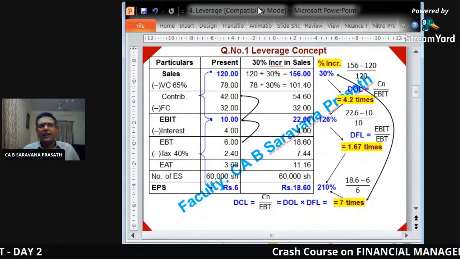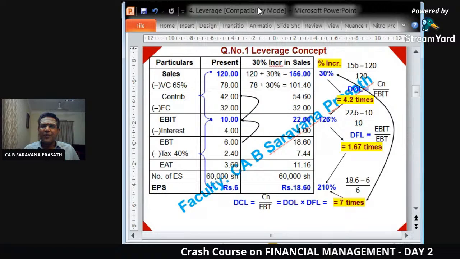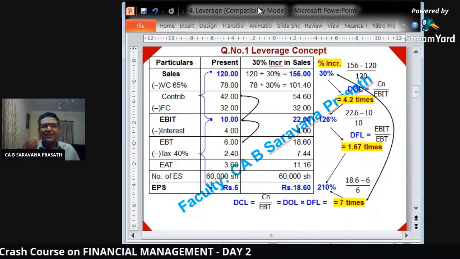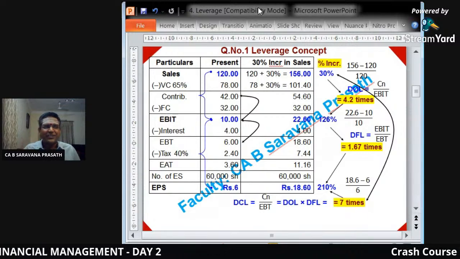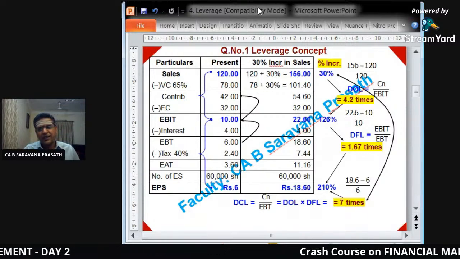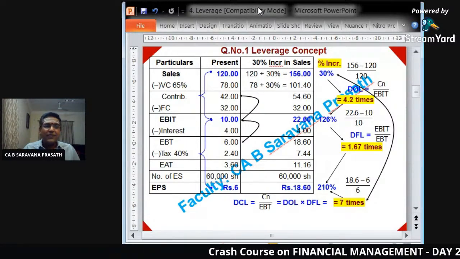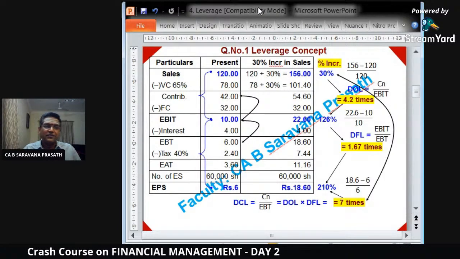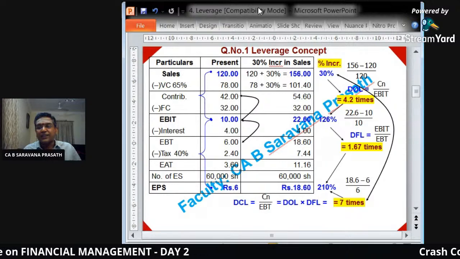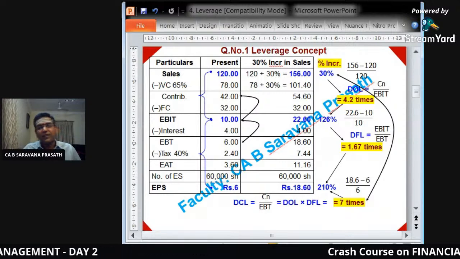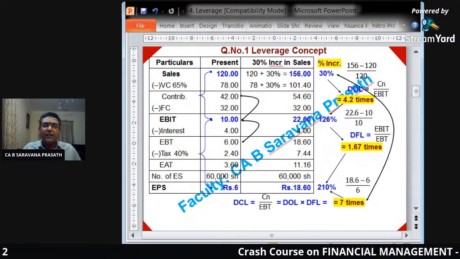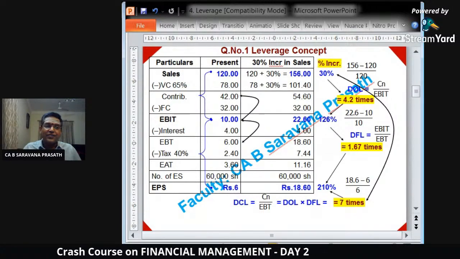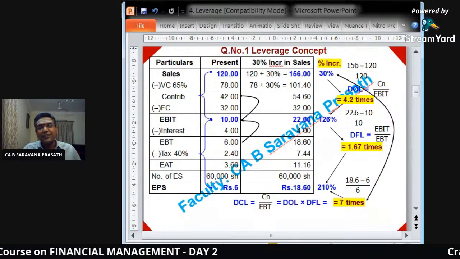Sometimes there can be questions, 1 mark, 2 marks, etc., which test your basic knowledge on this. If tax rate changes from 40% to 35%, which leverage will be affected?